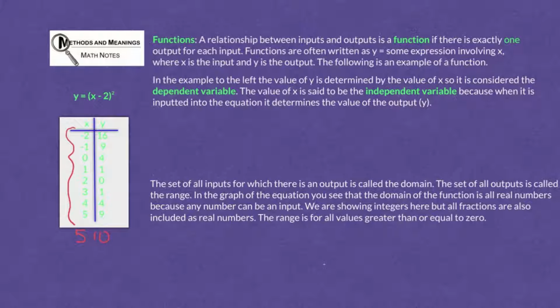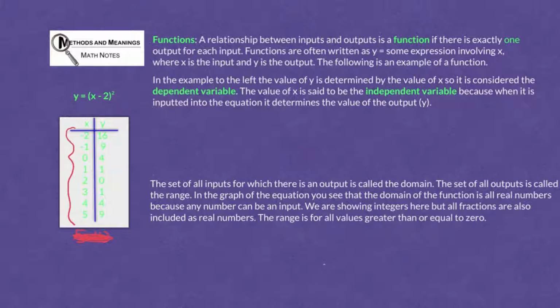It just wouldn't work, because then it would break the definition of one input and one output. So every x value can only have one y value. Every input can only have one output. Can't have 2. Now, a function can have multiple outputs that are the same, but not multiple inputs.